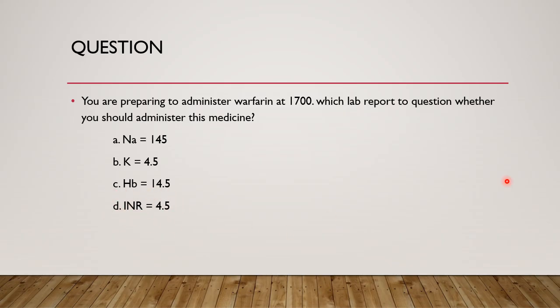In this patient, the INR has increased. As you know, the level of INR is 1 to 2. So if we give warfarin with an increased INR, what does it lead to? It leads to an increased risk of bleeding. Therefore, you must question it, because as you see, there is an increase in the INR value.